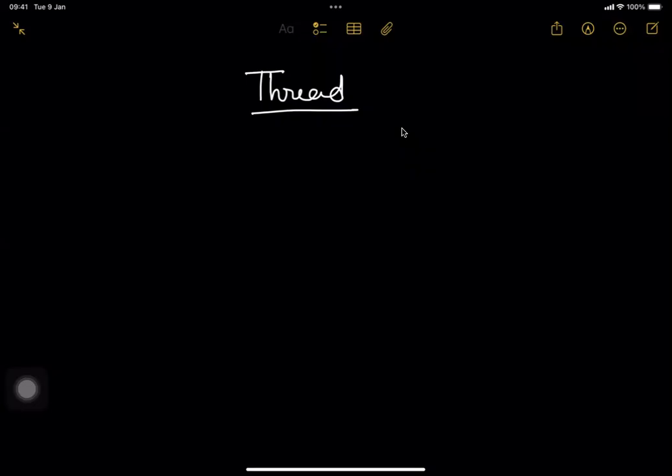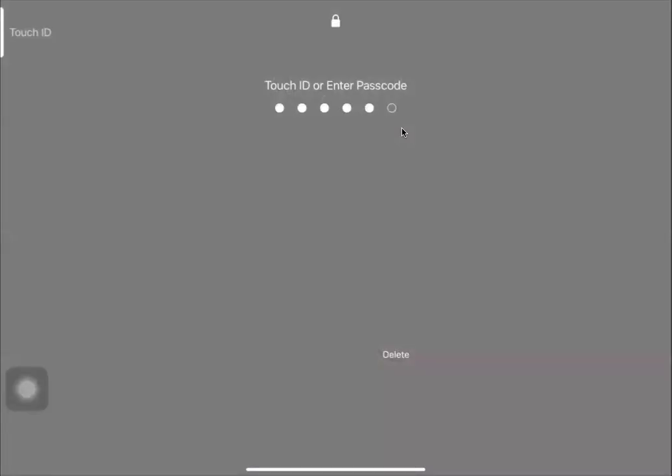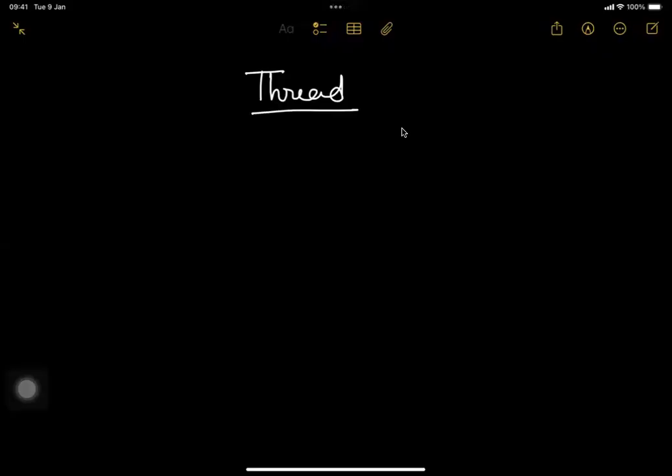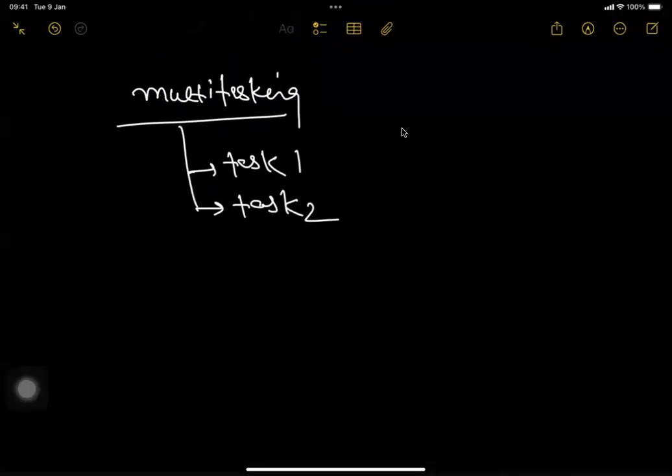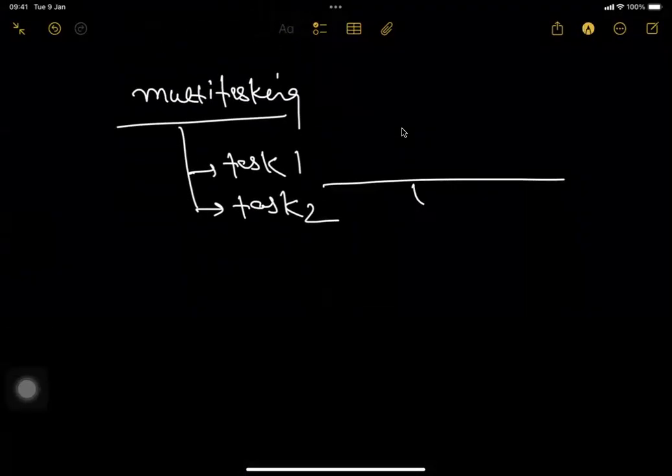If someone asks what is multitasking, you have to say that multitasking is a process of executing multiple tasks concurrently. So multitasking means executing multiple tasks, let's say task one and task two, at the same time, time T1. So you are doing task 1 and task 2 at the same time.